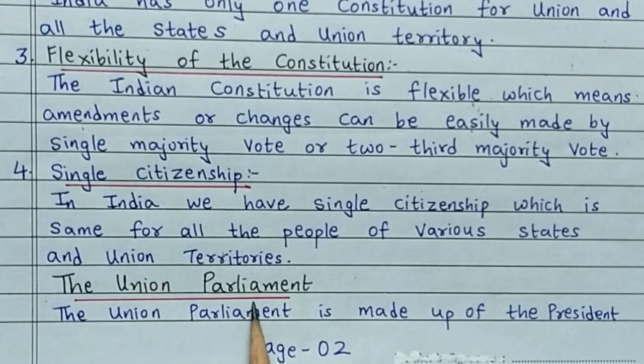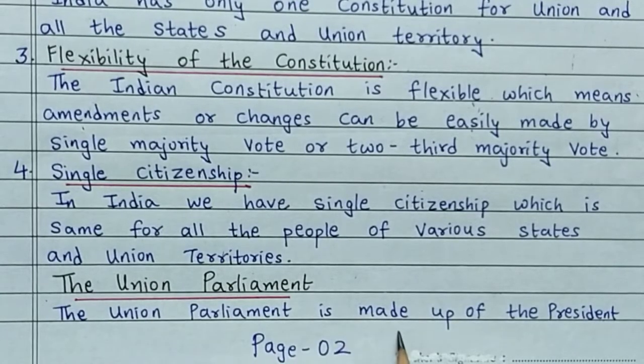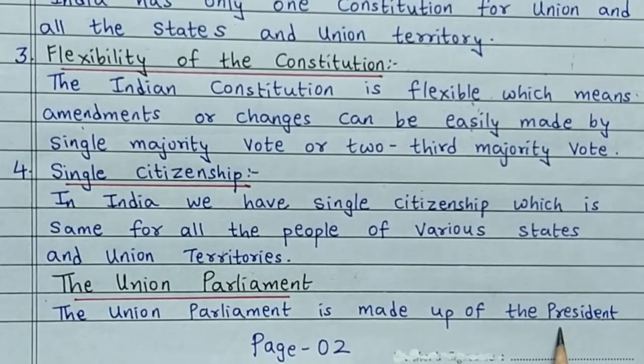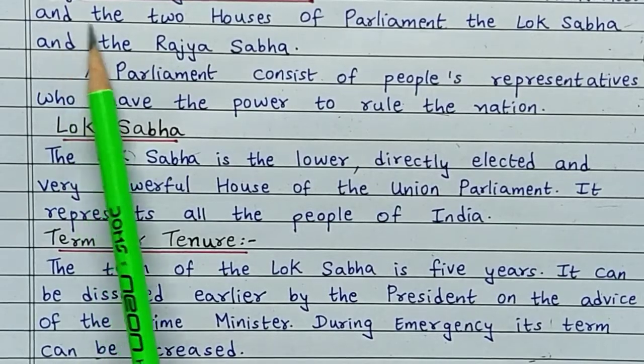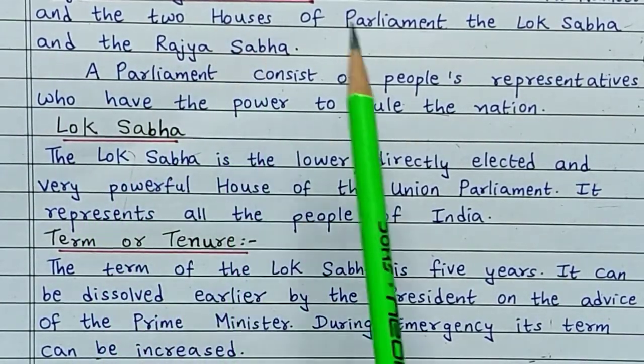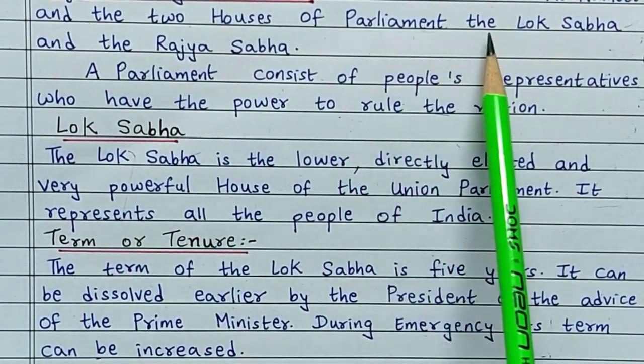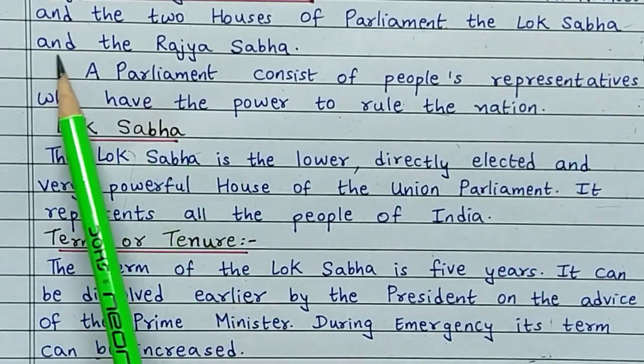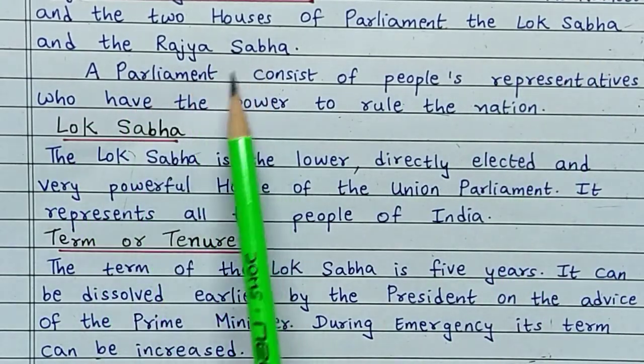The Union Parliament. The Union Parliament is made up of the President and the two houses of Parliament, the Lok Sabha and the Rajya Sabha.